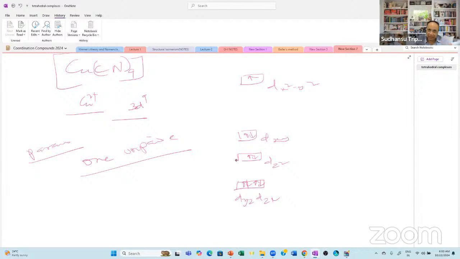Therefore, let that remain in the d orbital. We shall be taking the d orbital of 4d. So sp2d, bypassing the pz, and let it stand along the z axis. We don't bother. Let px, py, and dx² - y² be used. So sp2d, that is the VBT.